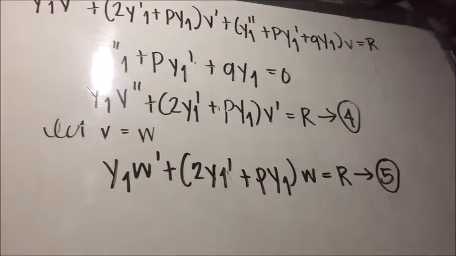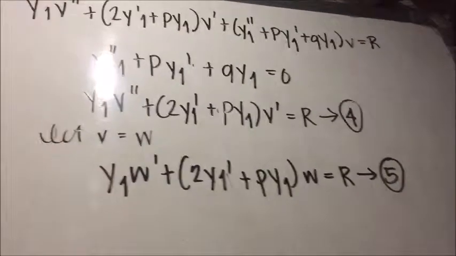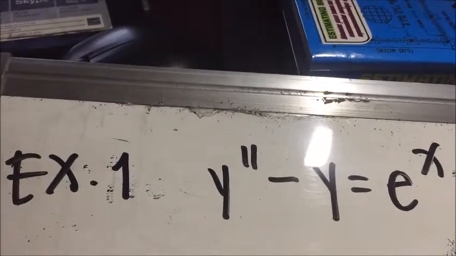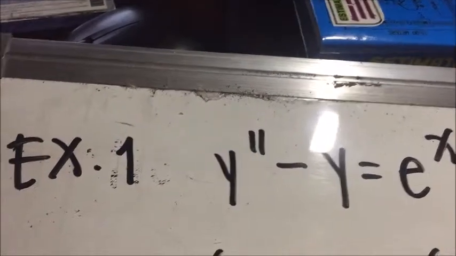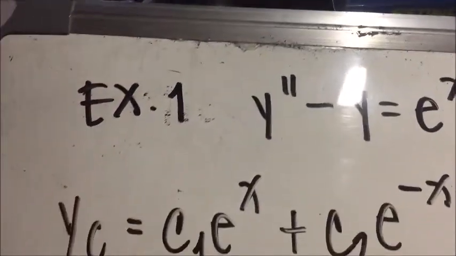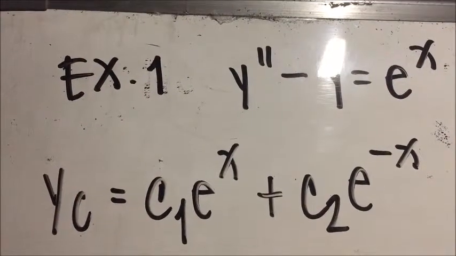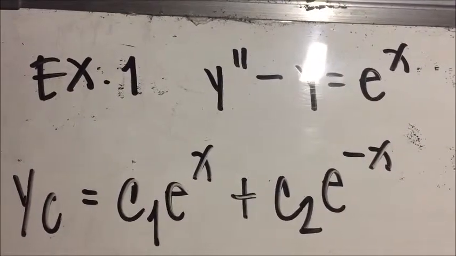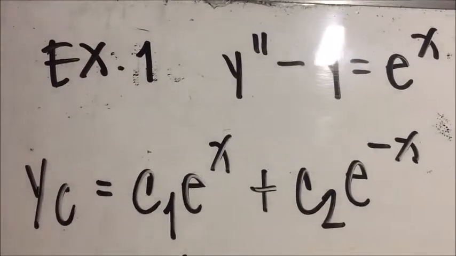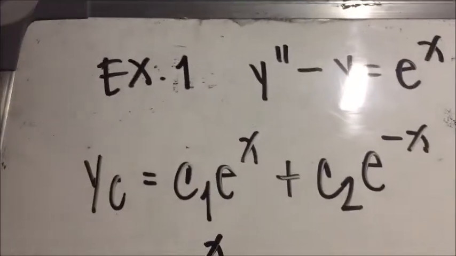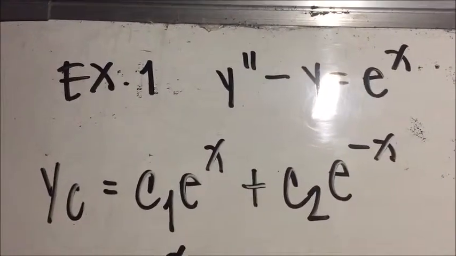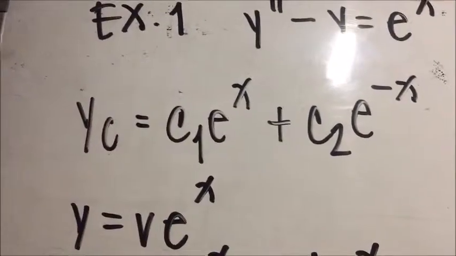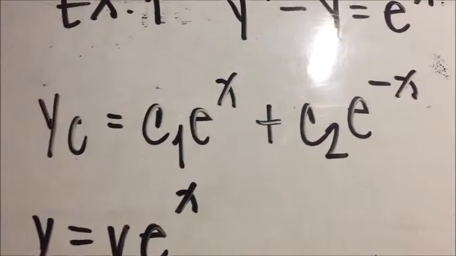So we move to our example number 1. Our first problem, we need to solve the equation y double prime minus y is equal to e raised to x. The complementary function, we all know, is yc is equal to c1 e raised to x plus c2 e raised to negative x. We shall take the particular solution e raised to x and use the method of reduction of order by setting y is equal to v e raised to x.